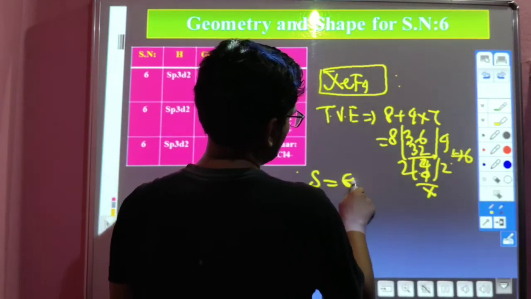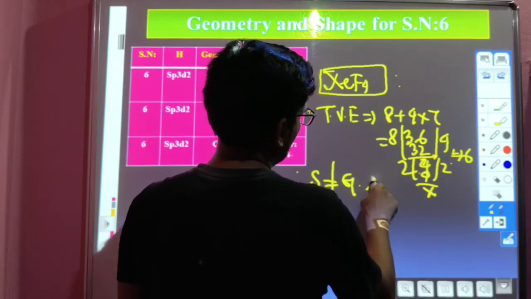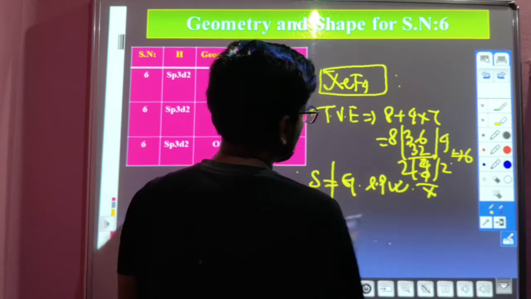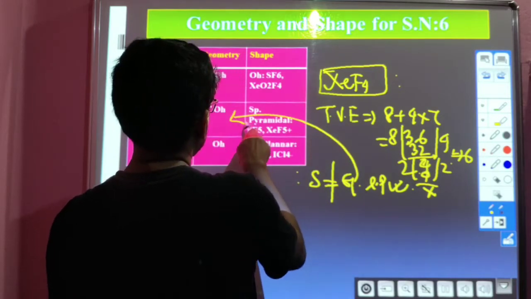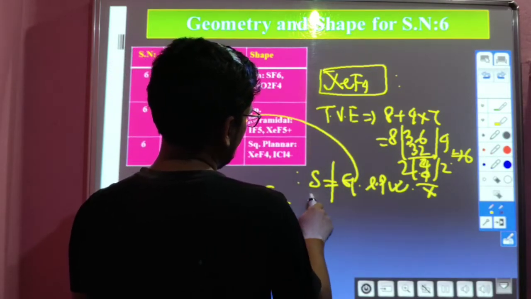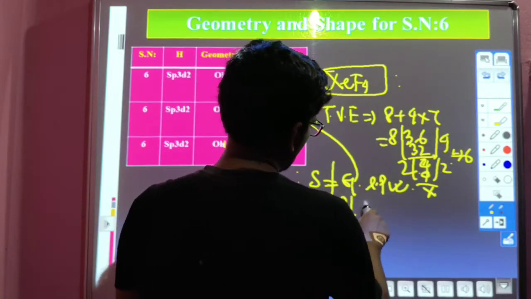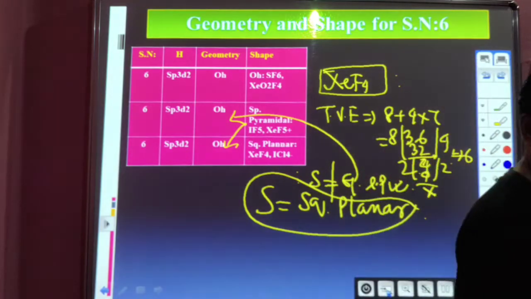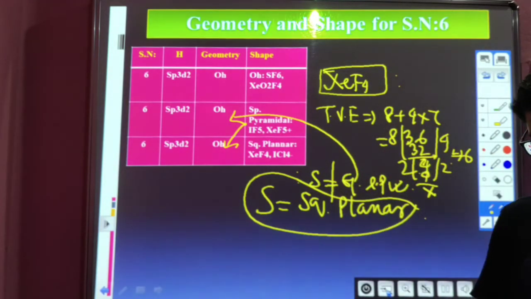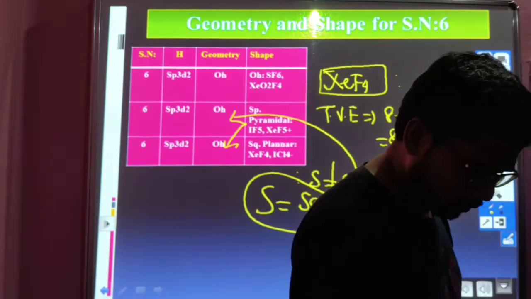Shape is not equal to geometry, lone pair present. Geometry is octahedral. Shape will be square planar. I will show you that. How? Just remove one more.